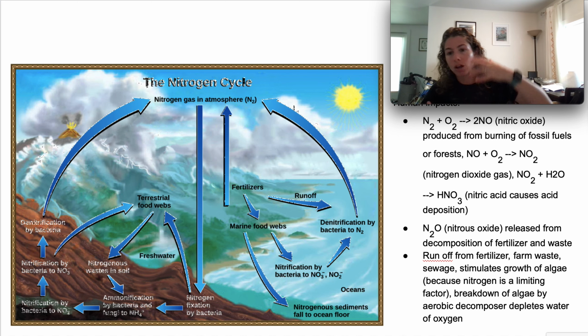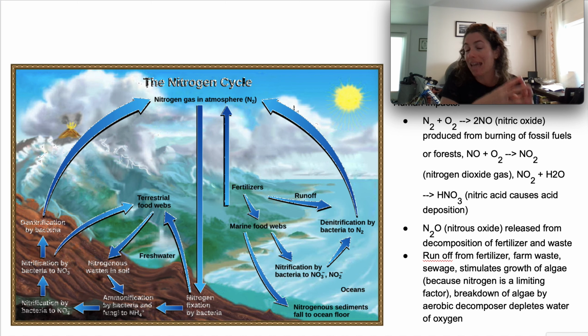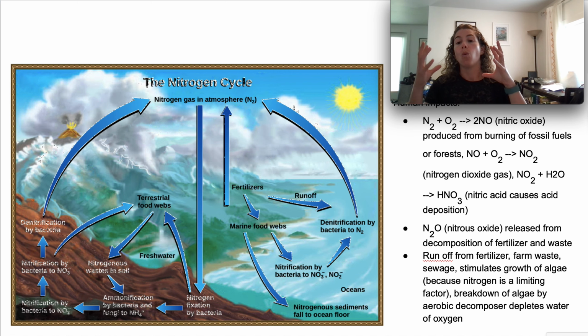That nitric oxide will react with more oxygen in the atmosphere to make nitrogen dioxide gas. And when nitrogen dioxide gas interacts with water, we get nitric acid. And nitric acid is what forms acid deposition, acid rain. So when we burn fossil fuels, we make nitric oxide.